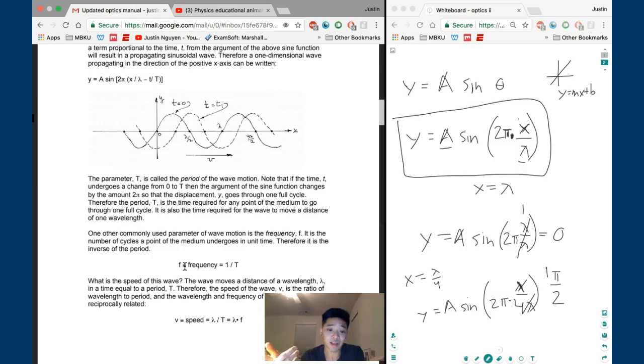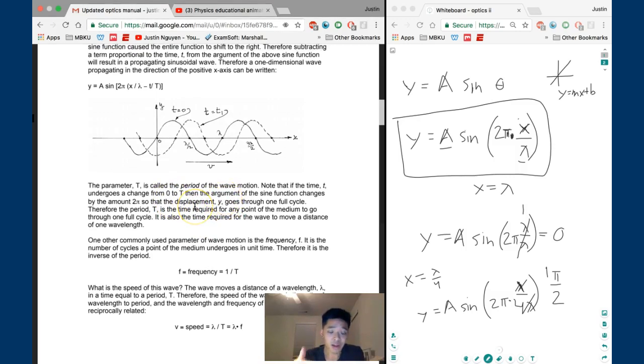How many cycles can you have of this sine wave in 1 second? Period, on the other hand, is how long it takes to go one full cycle. That's why big T is in seconds. How long will it take for one full cycle to go through? It could be more than a second, or it could be less than a second.